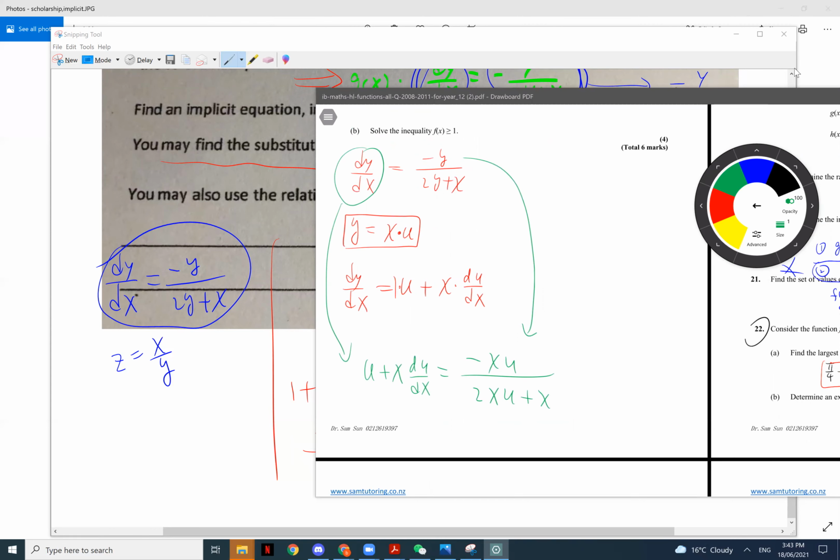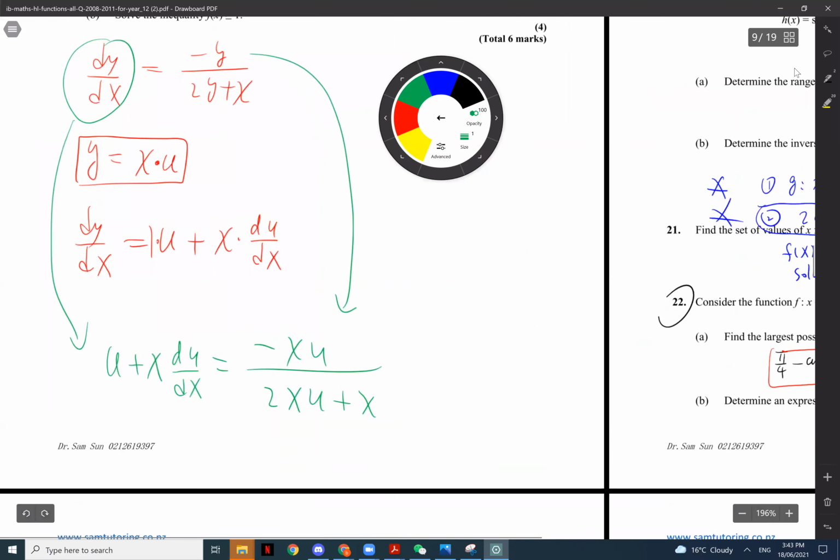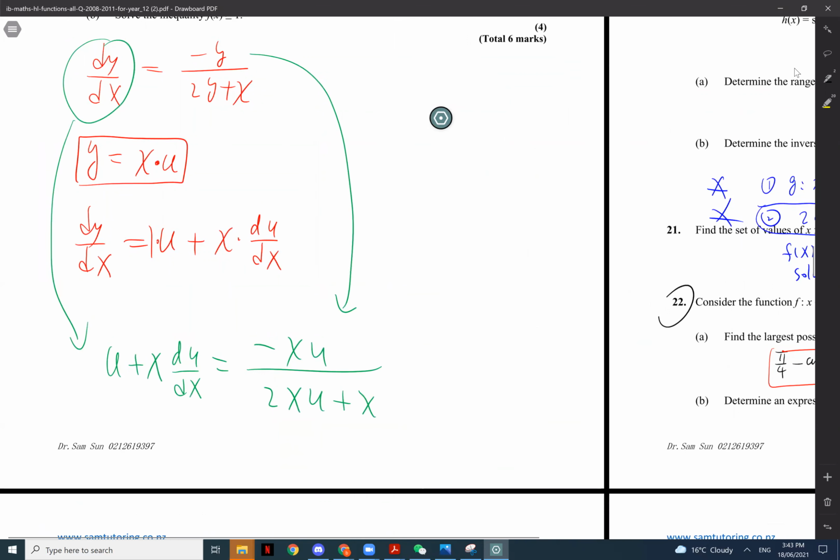If we simplify it, this part, if you simplify, is just negative u, 2u plus 1. Okay?